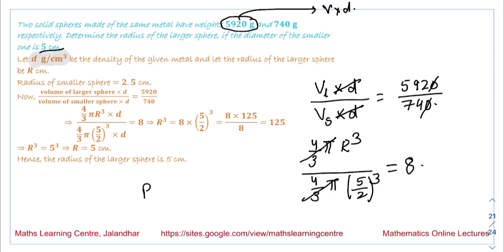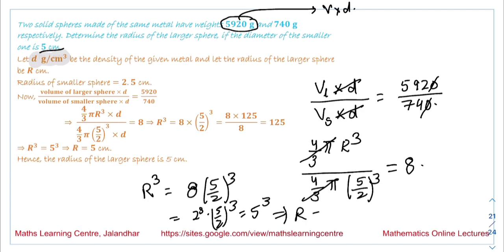So r cube is equal to 8 into (5/2) cube, which is 2 cube into (5/2) cube, that is 5 cube. So the value of r is 5 centimeters. This is the radius of the larger sphere. The radius of the smaller sphere is 5/2 and the radius of the larger sphere is 5 centimeters.